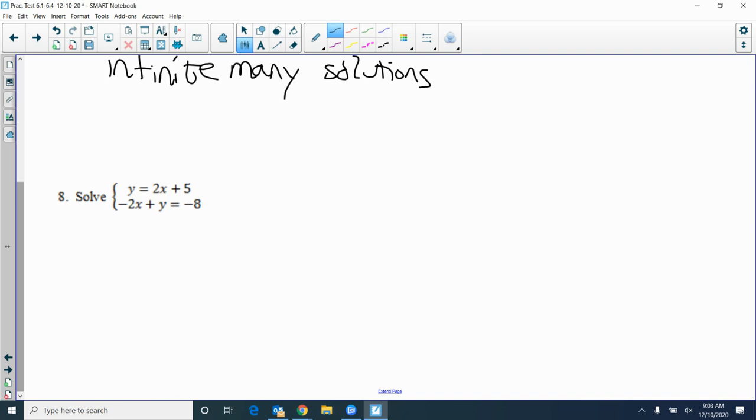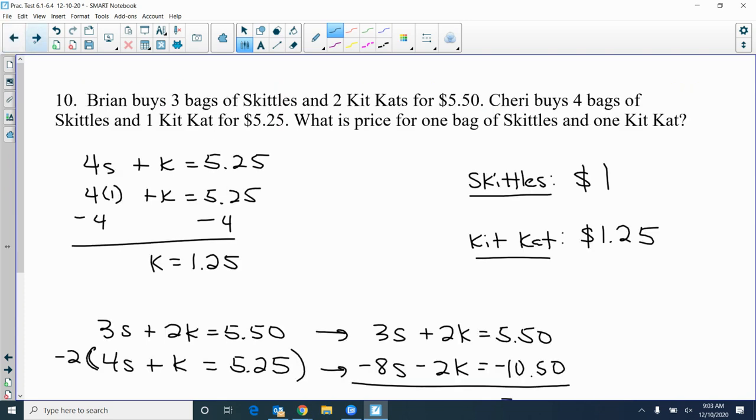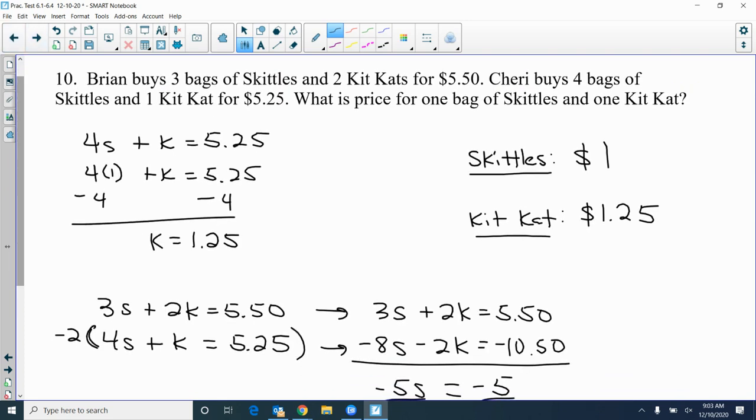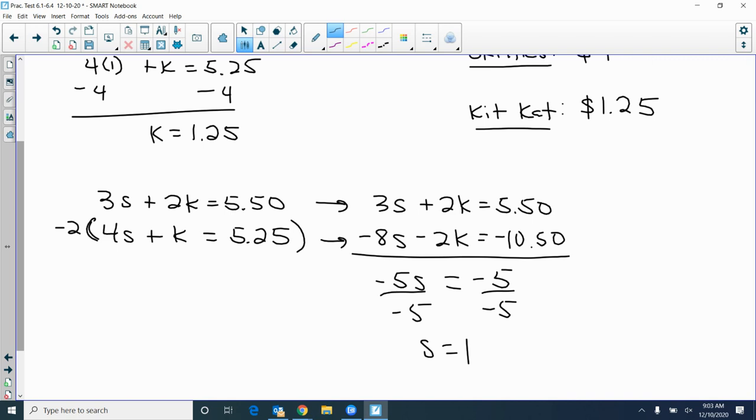Why did we divide, oh, sorry, s by negative 2, but not, I thought we had to make them both equal to cancel them out. We multiplied this one by negative 2 because I was able to eliminate the k's then.